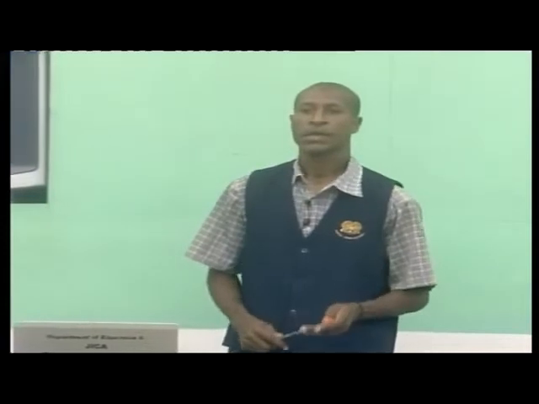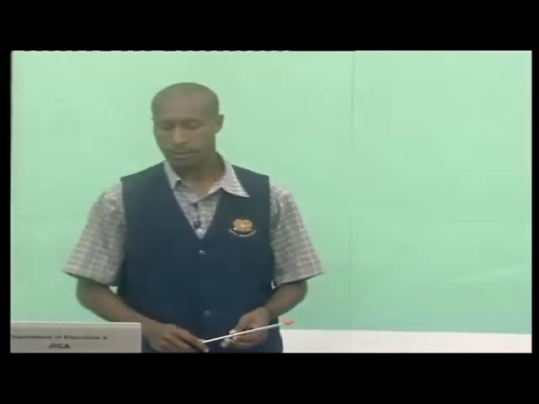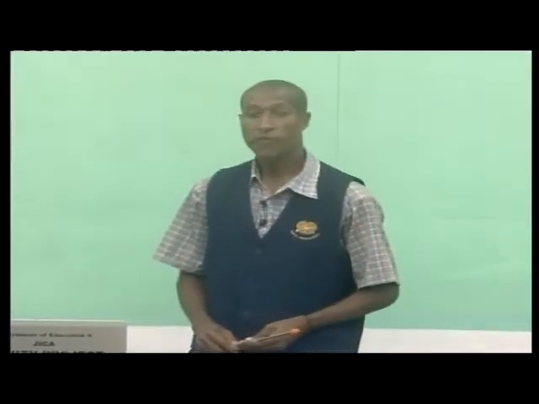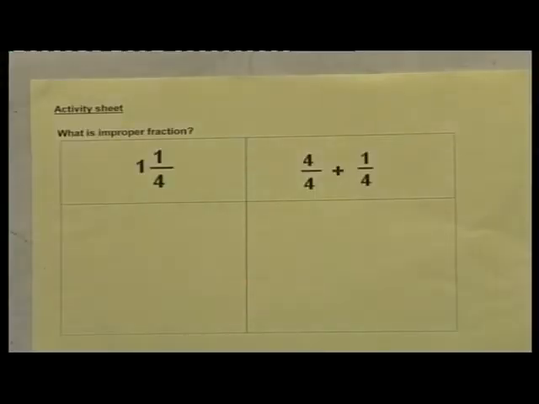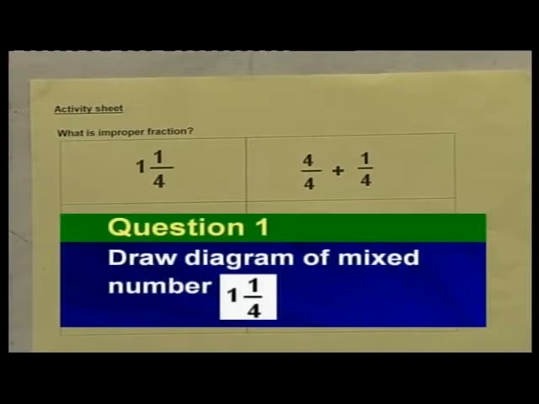Now, your first question. Draw a diagram of the mixed number 1 and 1 quarter. On your activity sheet, you will see a mixed number, 1 and 1 quarter, and also another example, which is 4 over 4 plus 1 quarter.